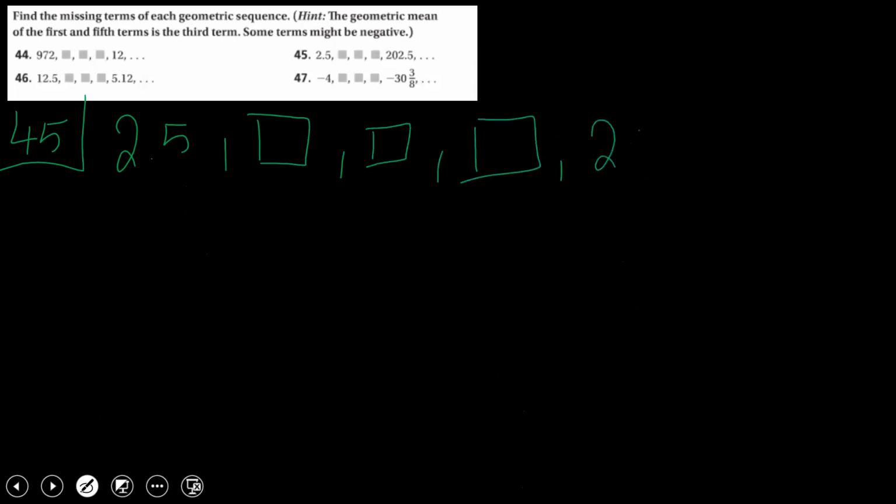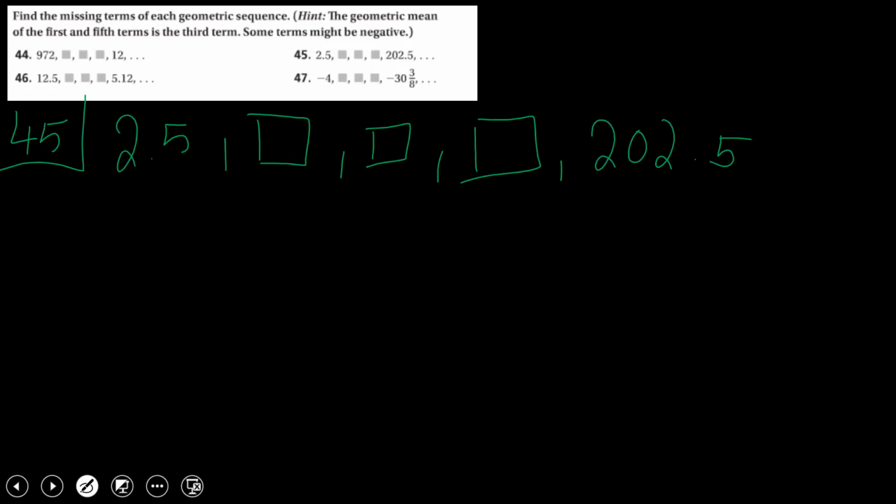Now, finding the missing terms of each geometric sequence. Here, in number 45, as an example, let's find 45. In number 45 here, we have 2.5, a missing term, another missing term, then 202.5. Now, I told you before that if I have a sub 1 and a sub 2, I can find r.